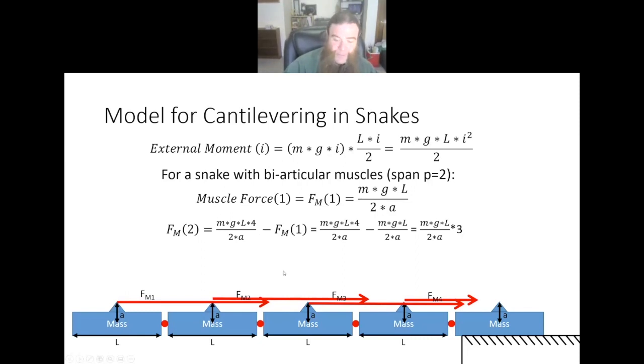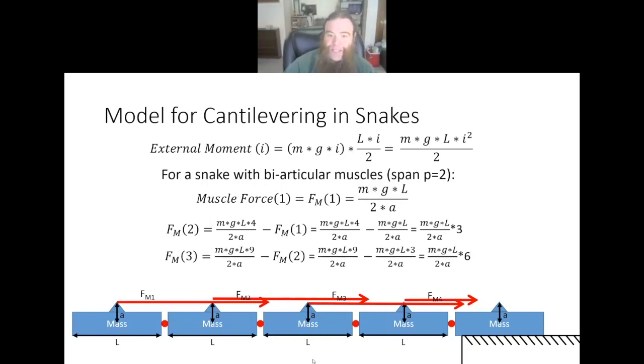It's the 4 is the coefficient, but you're still getting this contribution from the first one. So this second muscle only has to sort of top it up. It has to add a little bit, so it adds 3, and then the same thing happens again in the next one. You've lost the contribution from the first muscle, but you're gaining that contribution of 3 from the second one, and so now you only have to add 6 to top it up and reach that goal of 9.